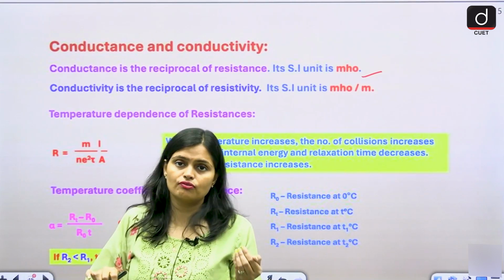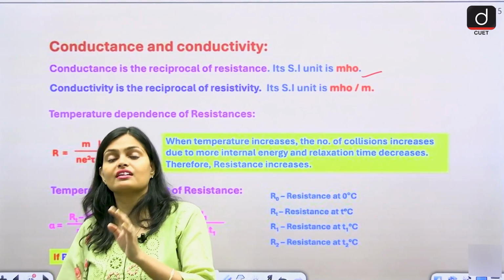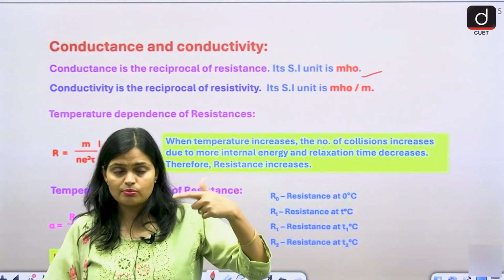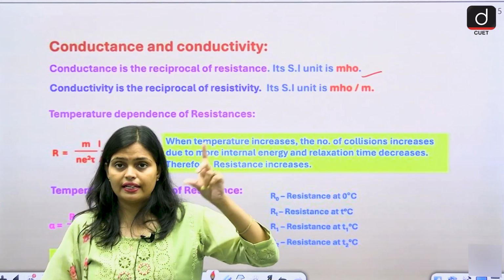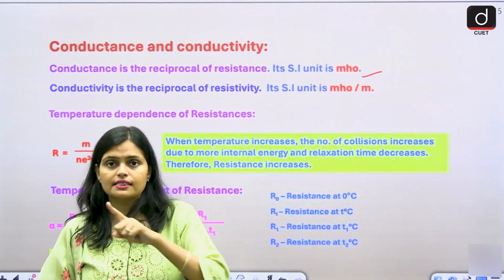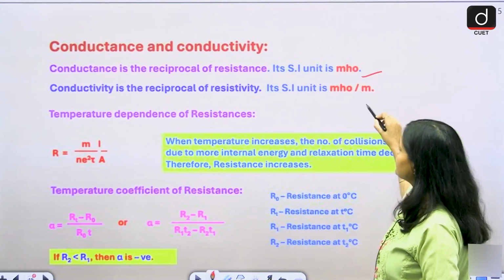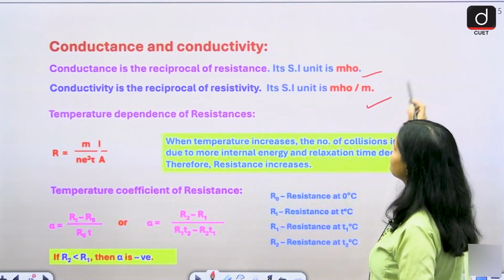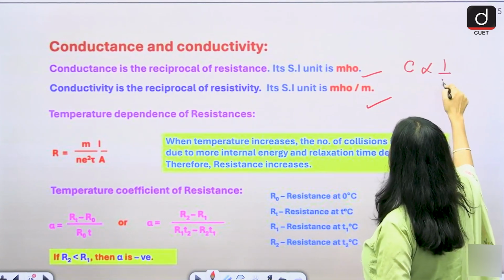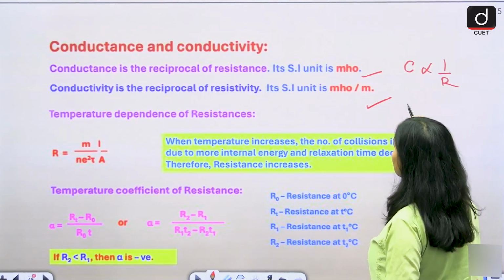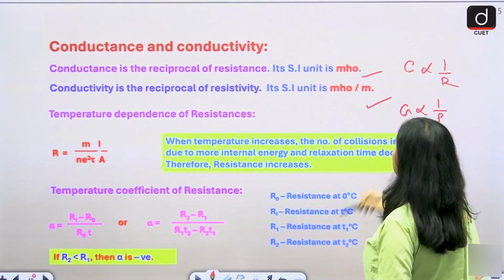It resists the flow of current. What does conductance do? It allows the flow of current. Meaning if a material has higher conductance, that means more current. If we say the material has higher resistance, that means less current will flow. Okay. Conductivity is the reciprocal of resistivity. So here you can write down conductance is the reciprocal of resistance, and conductivity is the reciprocal of resistivity.